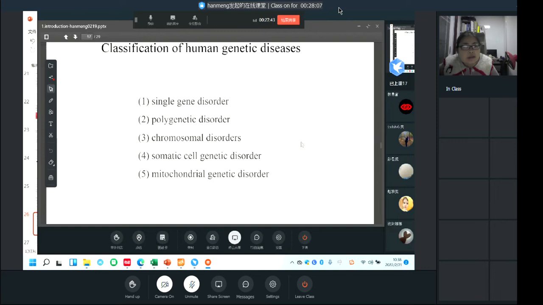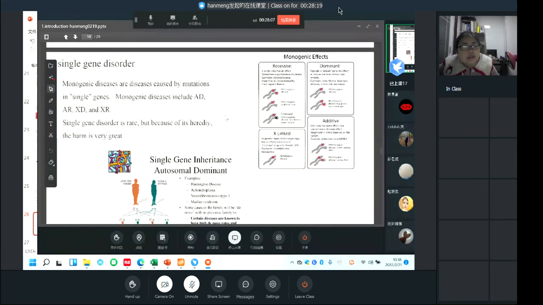They include autosomal dominant disease, autosomal recessive disease, and X-linked dominant and X-linked recessive disease. Single gene disorders are rare, but because of their heredity, the harm is very great. Huntington disease, achondroplasia, Marfan syndrome, and so on are single gene diseases.